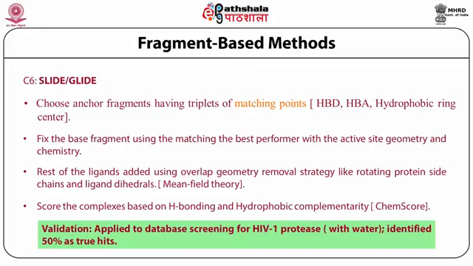And Glide is actually a very interesting package which has come up and become a part of a very good program called the Schrodinger software package, where you can use actual energy functions like the AMBER force field or charge to do the ranking or the orientation fitting while doing the docking.